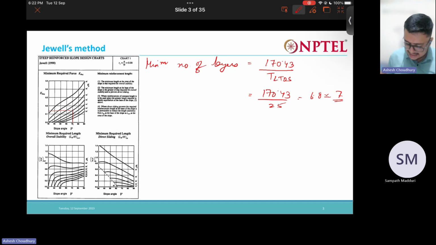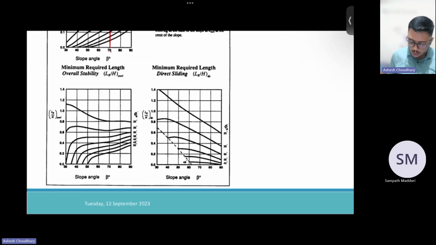Now the next step is to get the lengths of the reinforcement. For that, we will use these two charts: one for overall stability and the other for direct sliding. Let us see for overall stability.